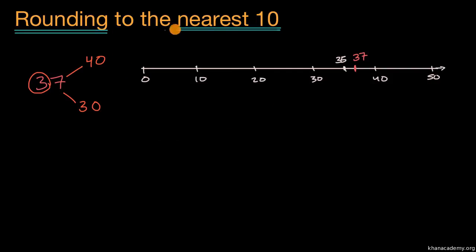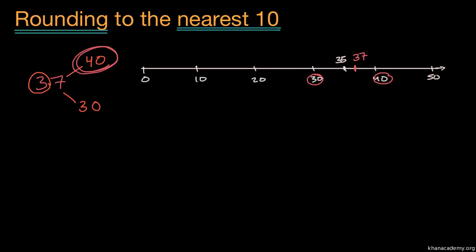And so when you're rounding to the nearest 10, and remember, we're picking between 3 tens and 4 tens, you say, which 10 is it closest to? Is it closer to 3 tens, or is it closer to 4 tens? Well, you can just look at this and say, hey, it looks a lot closer to 4 tens. And so in this situation, 37 rounded to the nearest 10 is going to be 40.